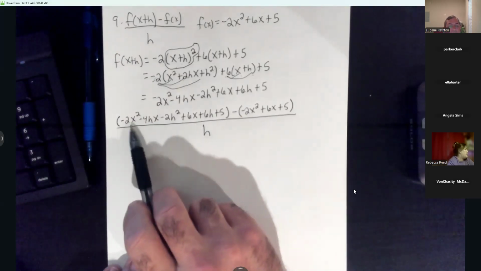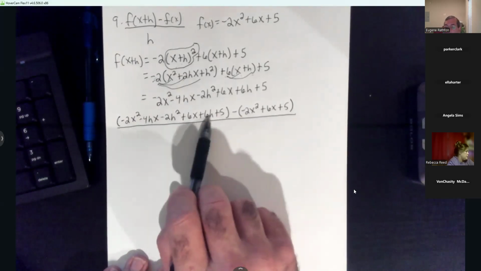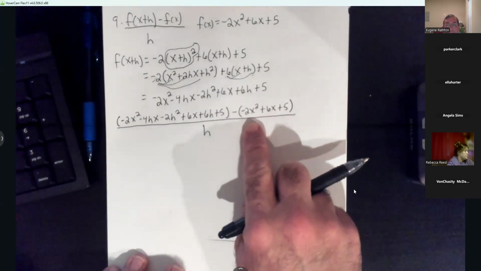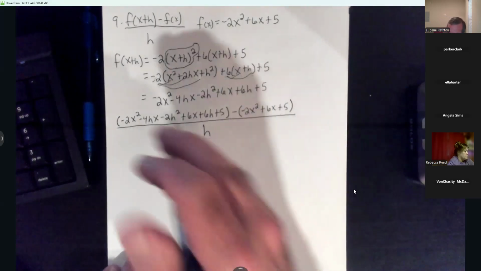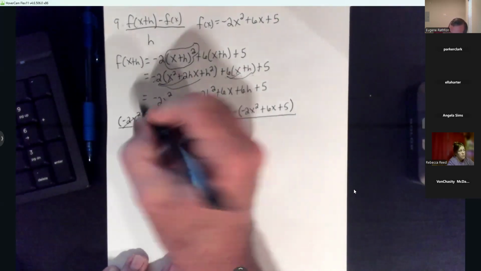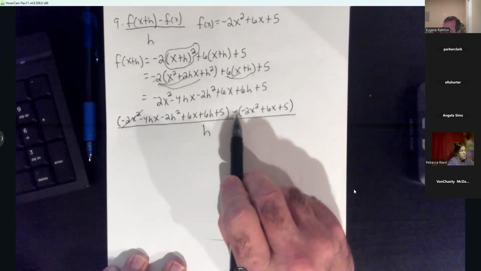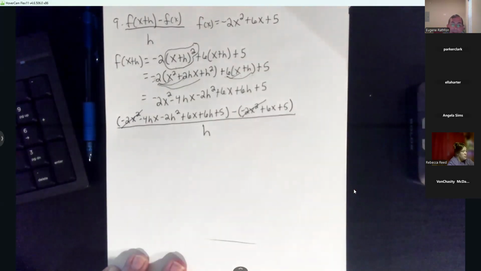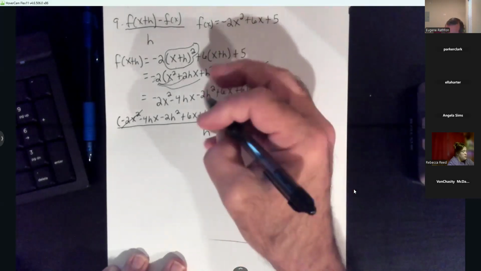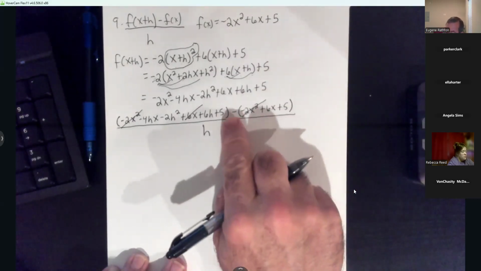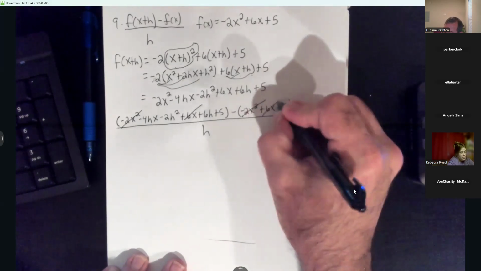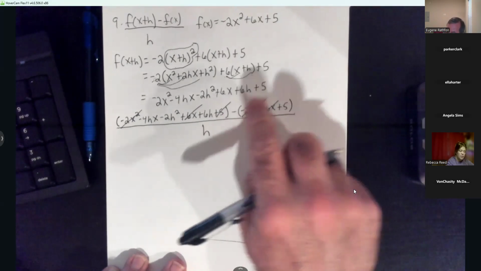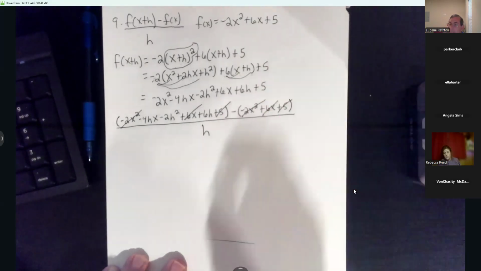So remember, everything in the first parentheses that does not have an h cancels with stuff in the second parentheses. So this negative 2x squared cancels with this, because a negative times a negative makes that a positive 2x squared. This 6x right here cancels with this negative 6x. And then this 5 cancels with this negative 5.